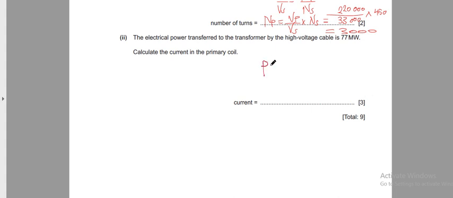You know that power is equal to I times V. So if we have the voltage and power, we can get current, which is power over V, equals 77 times 10 to the power 6, because it is megawatt, over the voltage supplied to the primary coil, which is 220,000. It will equal 350 ampere.